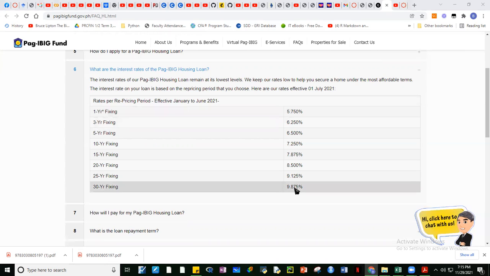Of course, guys, this is consistent with the principle of risk and return, because Pag-ibig will be assuming a greater amount of risk if it lends money for a housing loan for 30 years. The longer the term, the more risky it is for Pag-ibig, because the greater chance for that borrower to default or not to be able to pay. So this is where these figures came from.